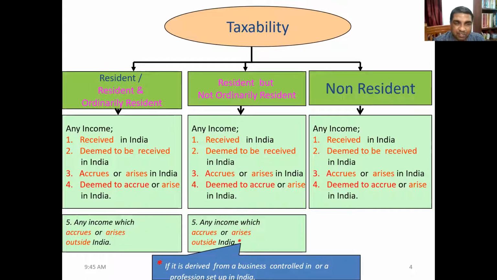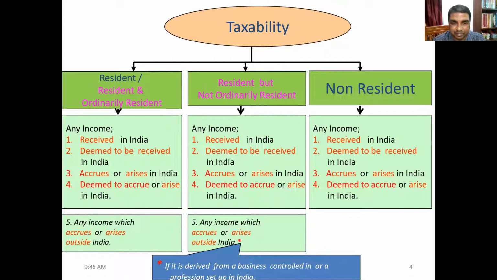This chart, you may have a look at this chart. It will clarify which incomes are to be included in the total income depending upon the residential status. Just have a look. Can you remember?